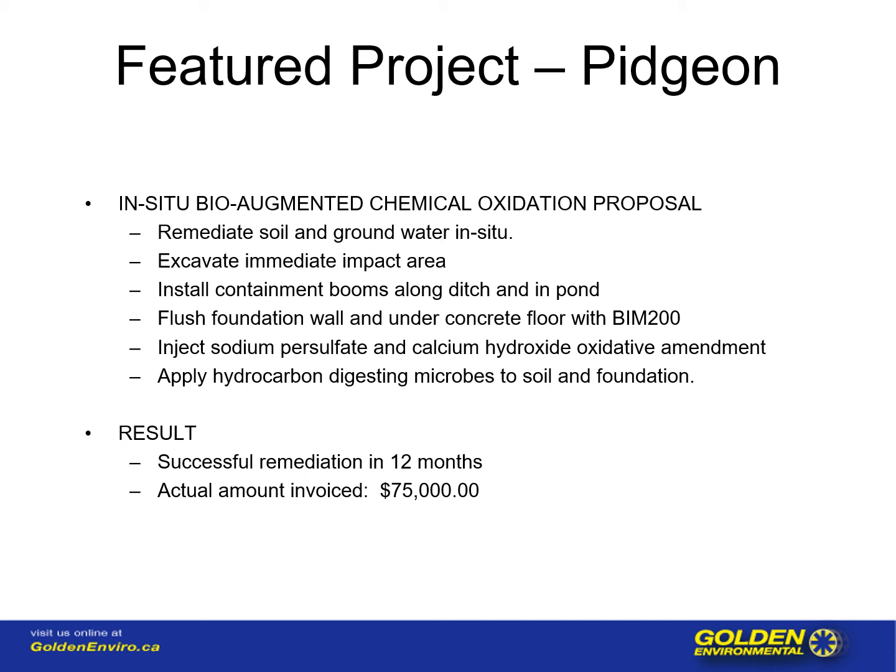This is the in situ chemical oxidation portion of the project. Then we applied hydrocarbon-digesting microbes to the soil and the foundation after the sodium persulfate and calcium hydroxide had done its job. The result was successful remediation in 12 months, and the actual invoice was $75,000.